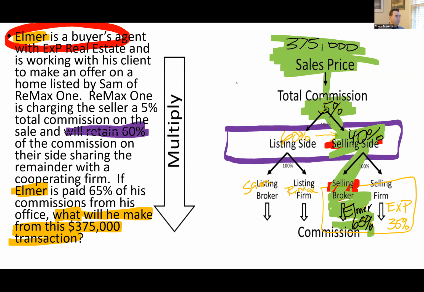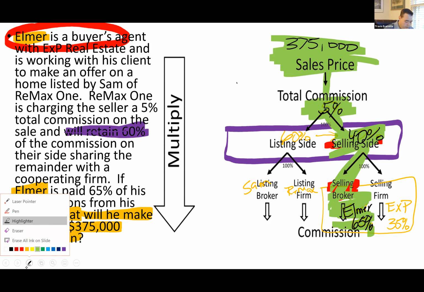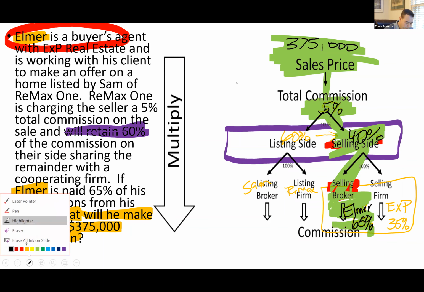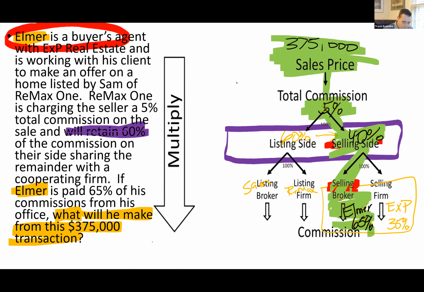And we're going to type it in from the top to the bottom because the arrow says we always go top to bottom and we always multiply. So we're going to start with the first number we see up there, which is 375,000. A pen. 375 times, because we're coming down the level, 5% times, because we're working our way down, 40%, times 65%.